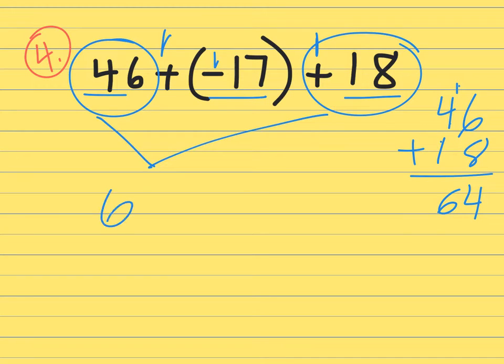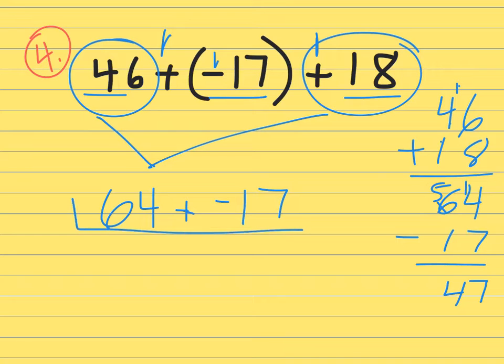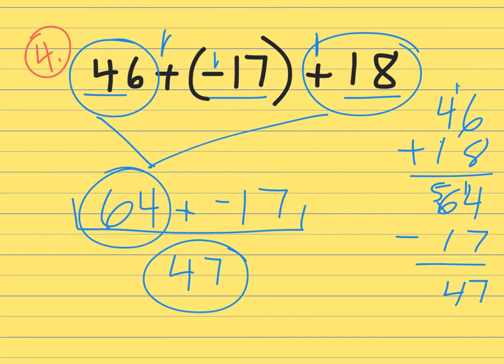So there's a 64 positive plus a negative 17. So now I'm going to subtract my 17. That would be 47. So this all put together would be 47. There's more value to the positive, so it would be a positive 47.